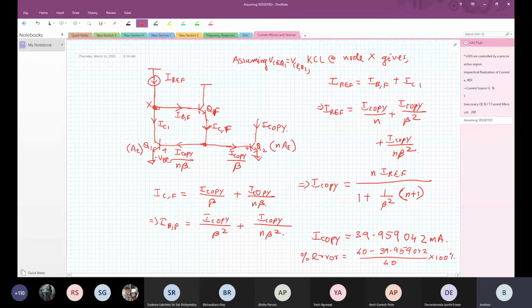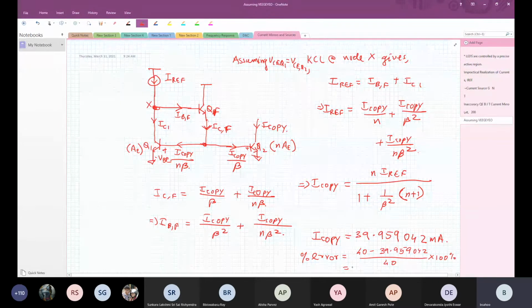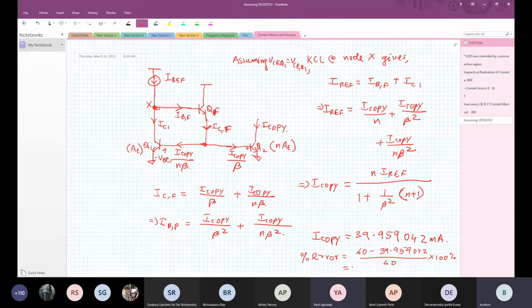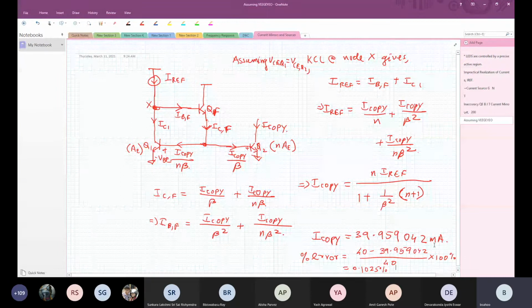Can you work that out? Sir, 0.1025. So this turns out to be 0.1025 percent. Somebody wrote approximately 0.1.